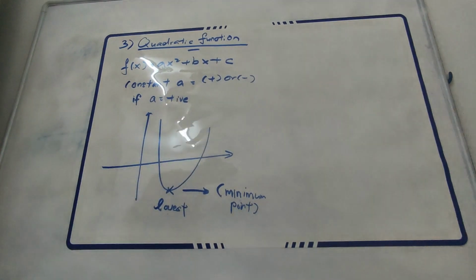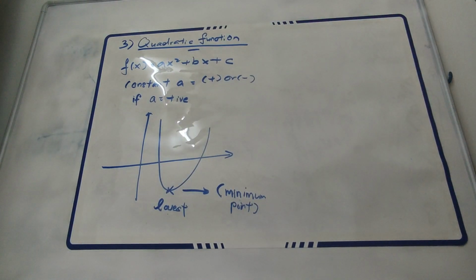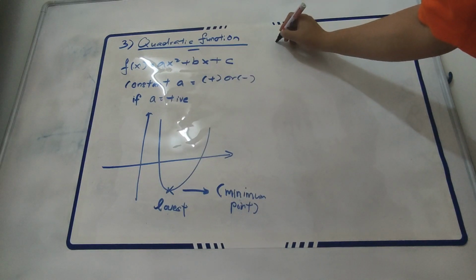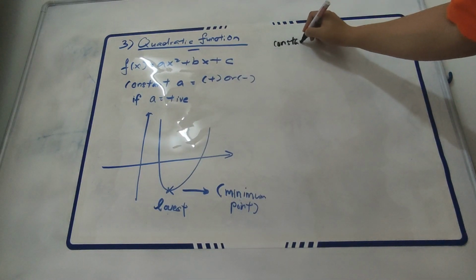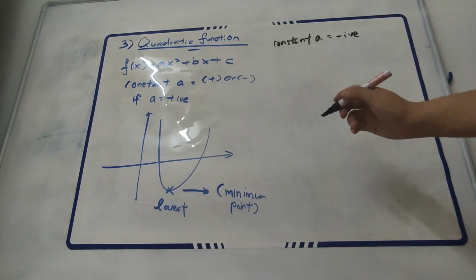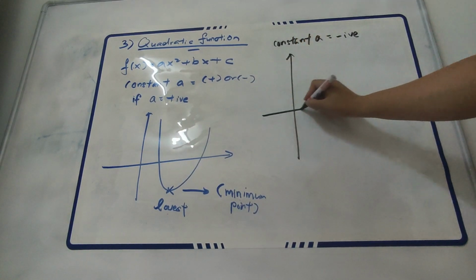Okay, if your constant a for the x squared is negative, then you will have your quadratic curve like this.